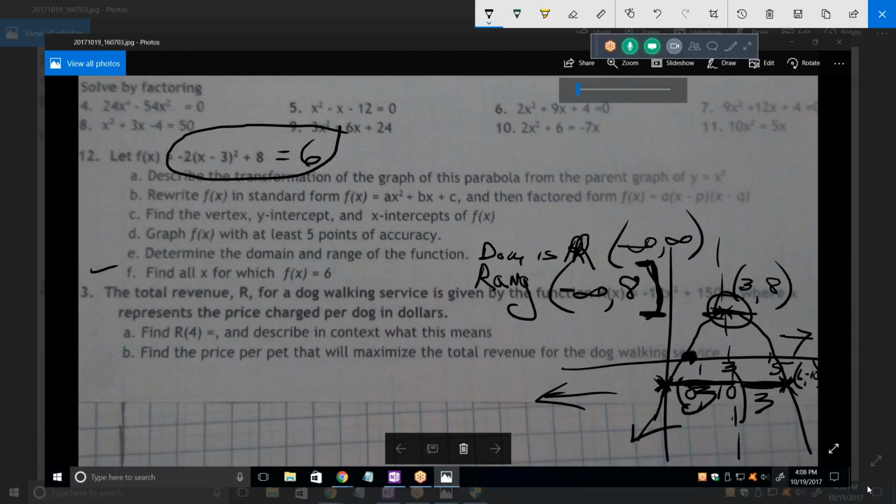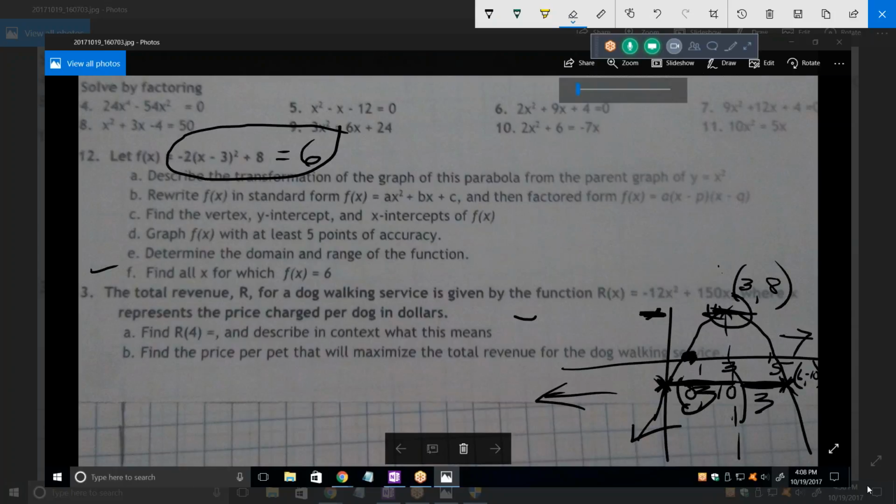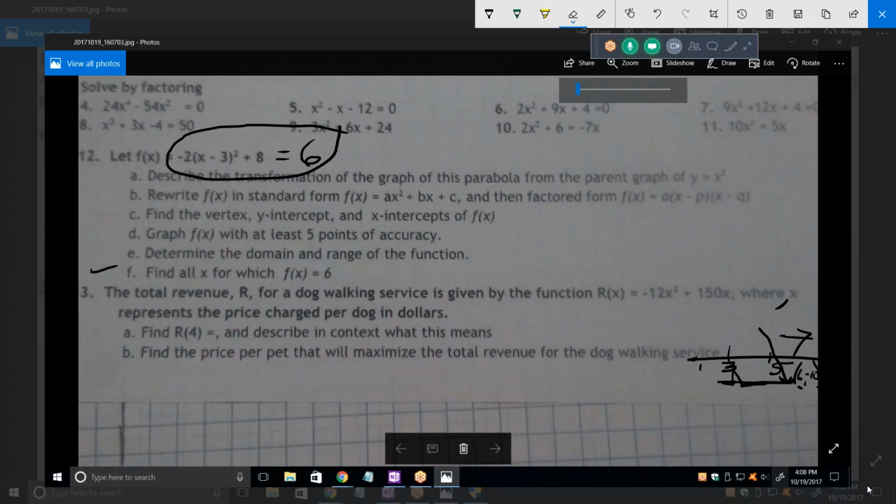So what's the best way to solve that equation? Putting it in standard format and factoring it is the hard way to do it. The easy way is to subtract 8 from both sides.